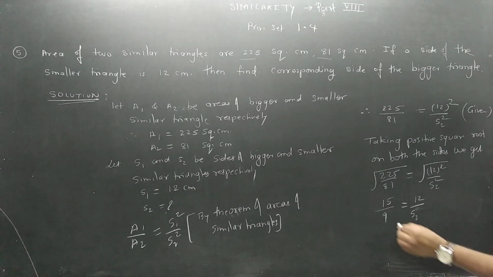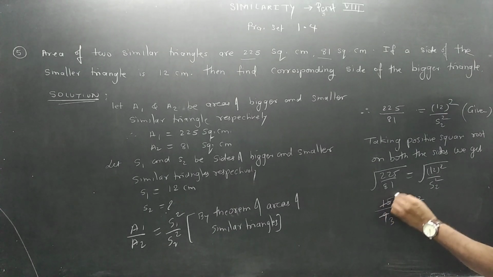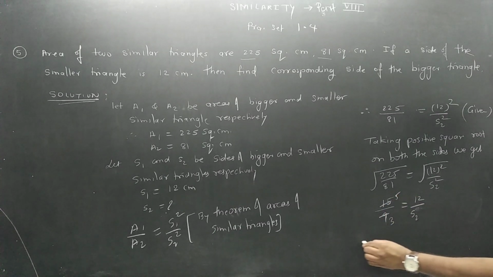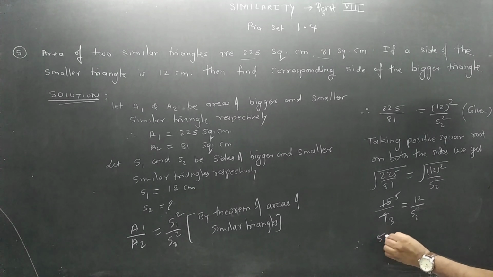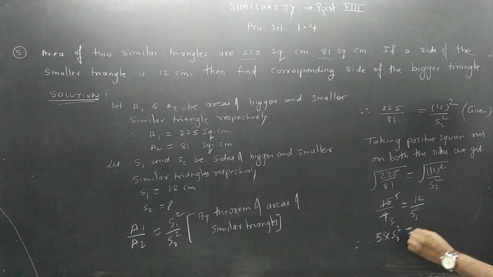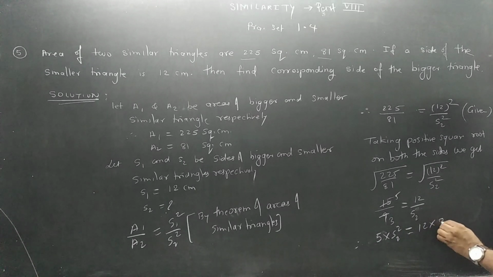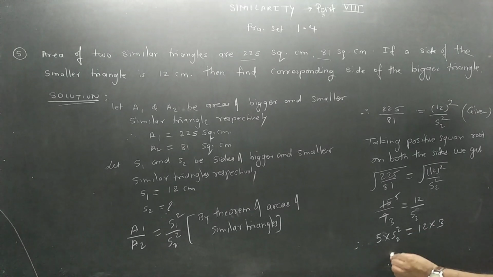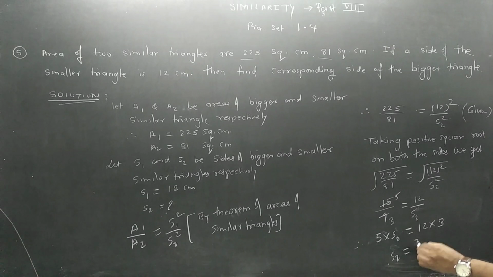Now we can cancel this. 3 threes are 9, 3 fives are 15. So we can write 5 into S2 is equal to 12 into 3. So we are getting S2 is equal to 36 upon 5.